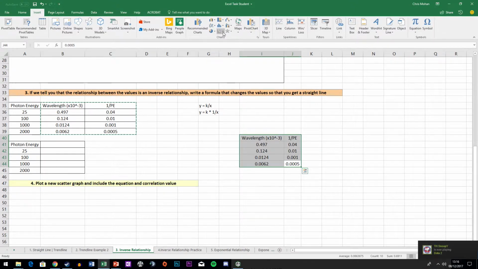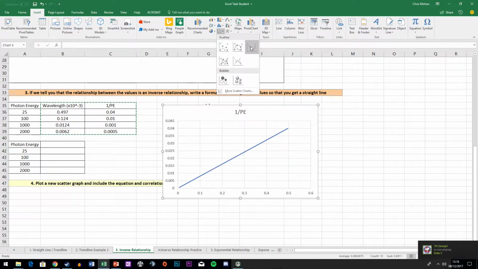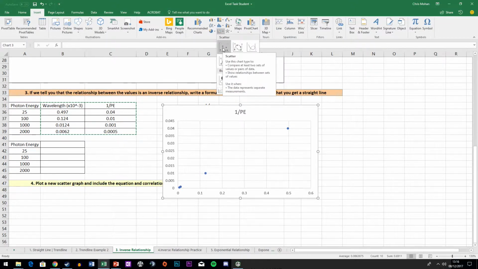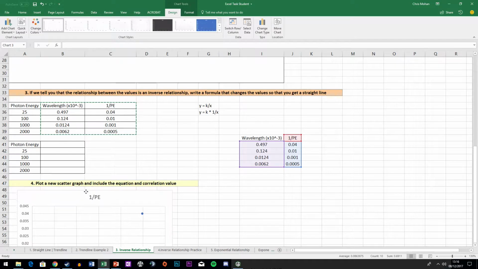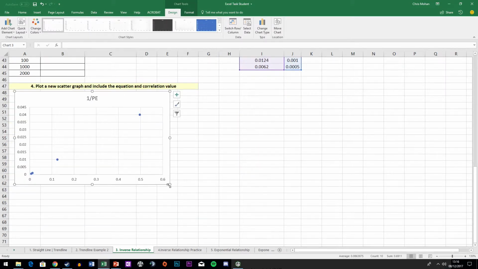Now when I do my scatter graph now, I can do it without the line. I can just do my points, but you will see that that now makes a straight line, that relationship. And let's do what we did beforehand with the scatter graph. I'm going to put this in, and I am going to label it up. So graph, or line graph, or scatter graph it really is, isn't it, at the moment?